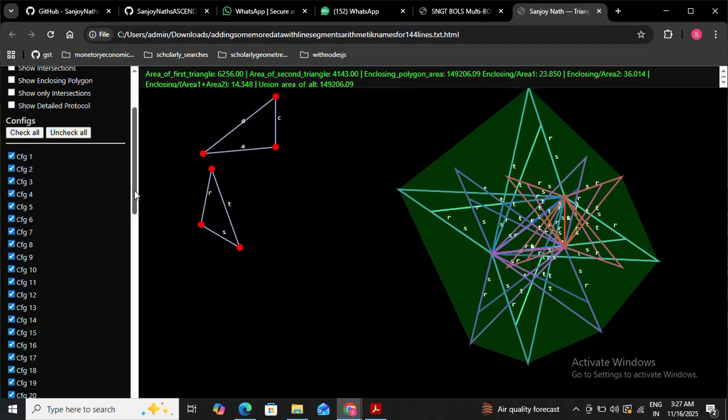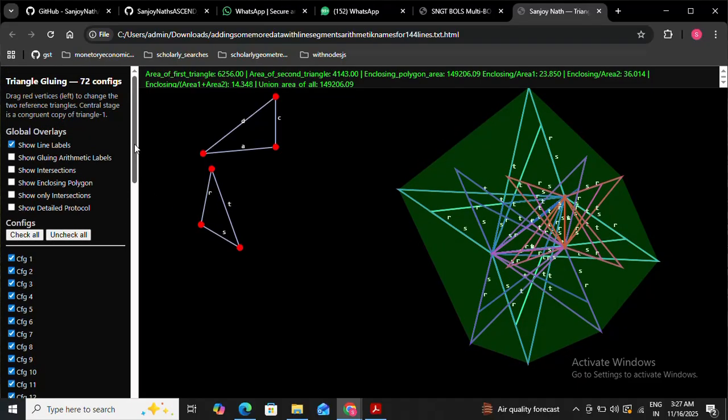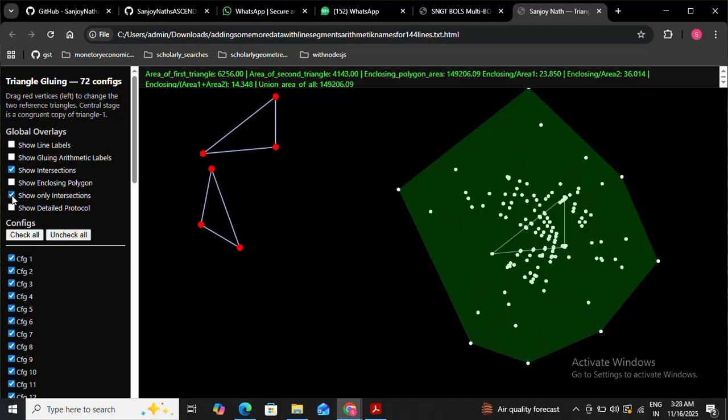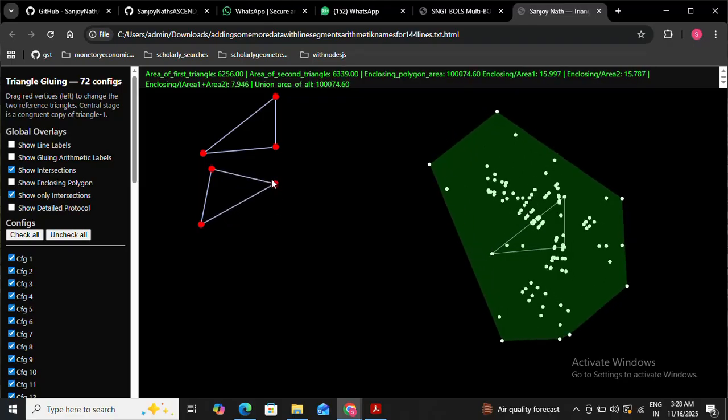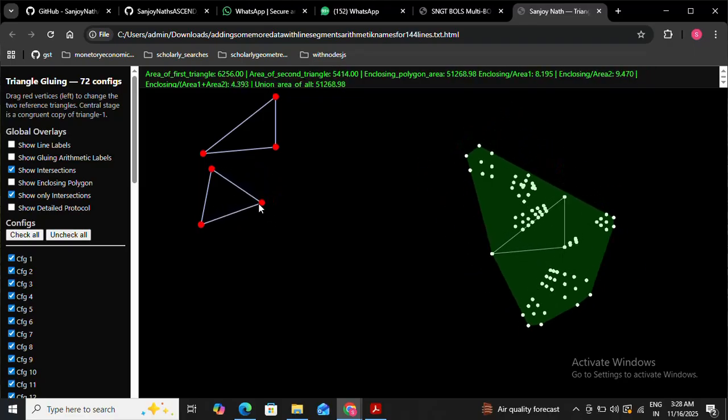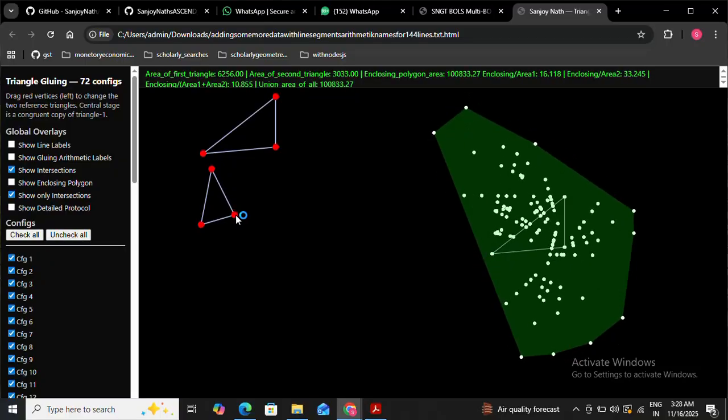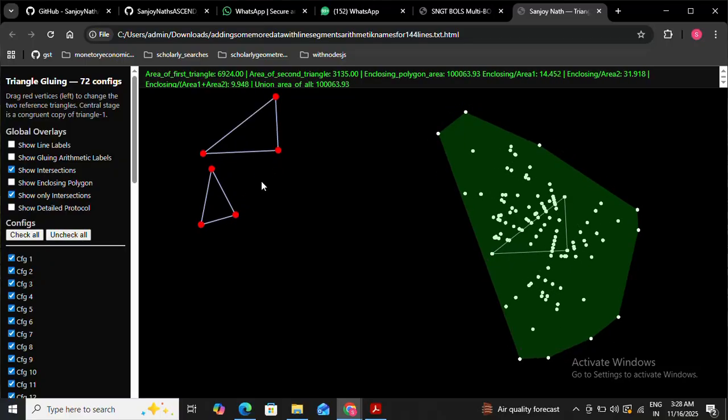Now if we want to find some more magic here, suppose we want to show you the intersections, and we stop the line labels and show only the intersections, and hide the line segments, then you can see the magic of this dynamics. In quantum mechanics also things look puzzling, because there are so many possibilities and all are equally valid and equally possible, and all the symmetries are seen together.